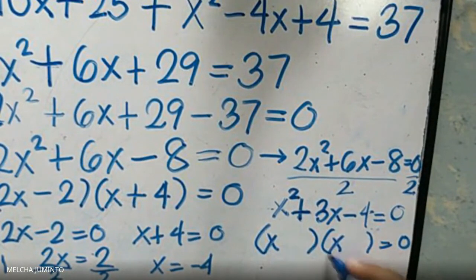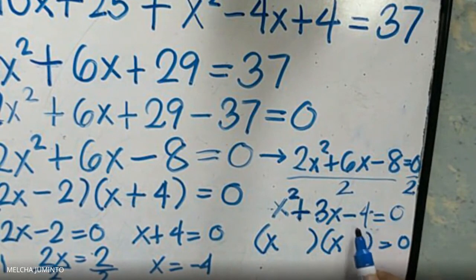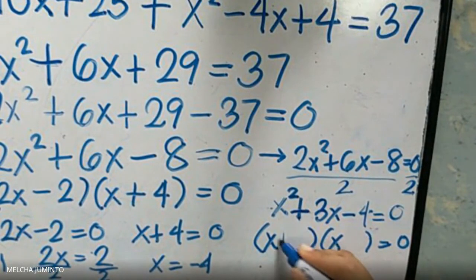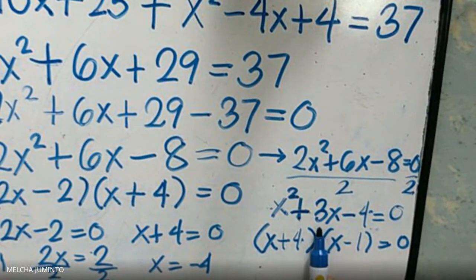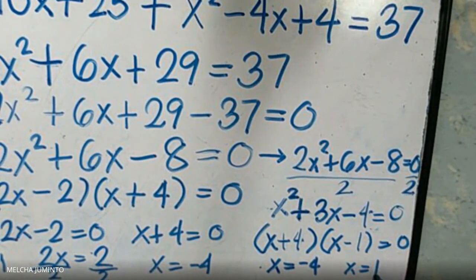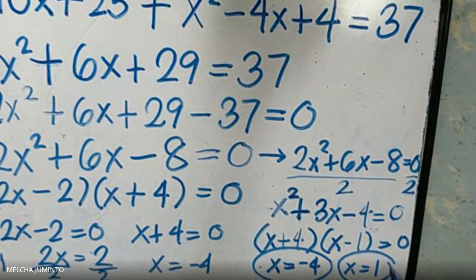x times x, 4. 4 is negative, so there should be one positive and one negative. 4 and 1 are the factors. We place here 4 and we place here 1 because we have positive 3. Zero product property: x equals negative 4, x equals 1. We will obtain exactly the same answers.